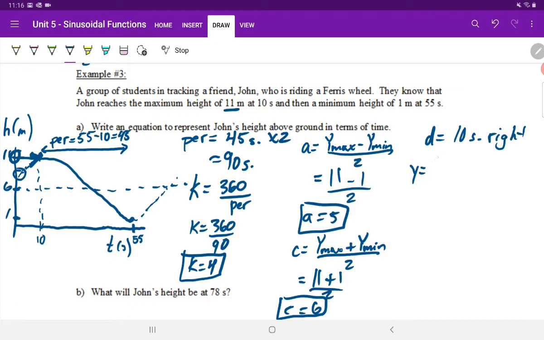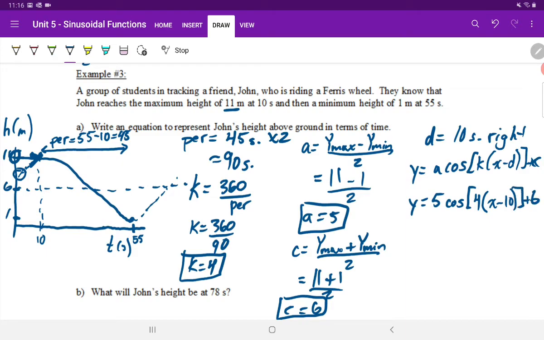So I'm going to write this out as a cosine function because I want to start it at the maximum. I'm going to fill in all these values now. So y equals 5, K is 4, x minus 10, and then plus 6.